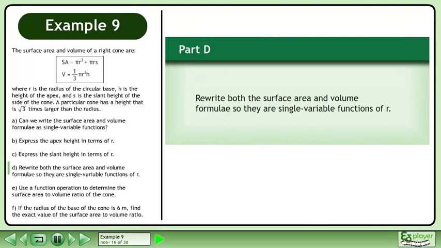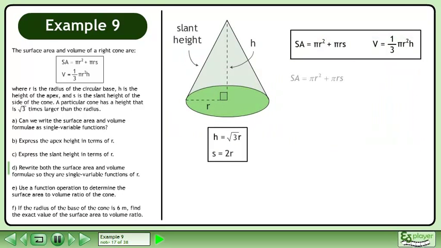In part D, rewrite both the surface area and volume formulae so they are single variable functions of r. The surface area formula is shown. Replace s with 2r.